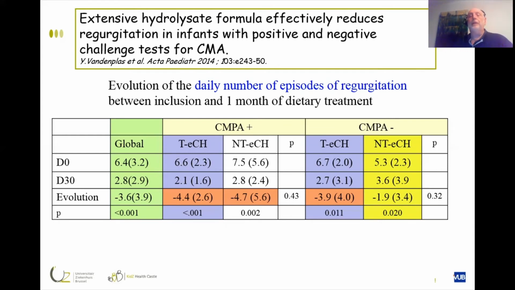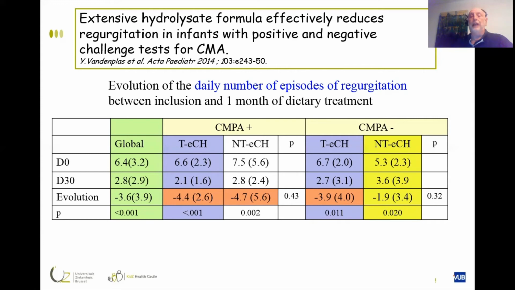So if cow's milk protein allergy was negative, if the challenge test was negative, the thickened formula was more effective than the non-thickened casein hydrolysate. While if the challenge test is positive, it does not matter if your hydrolysate is thickened or not.